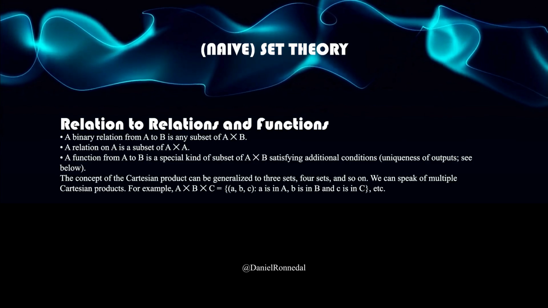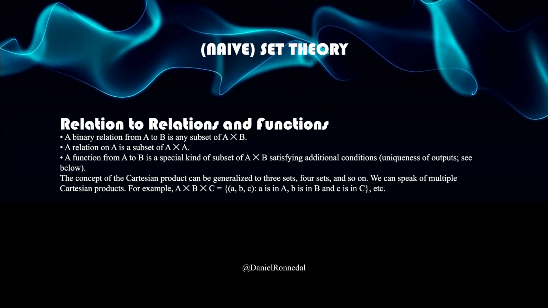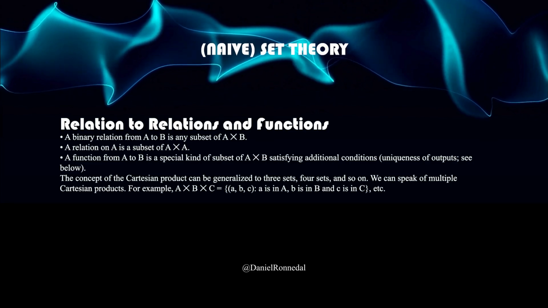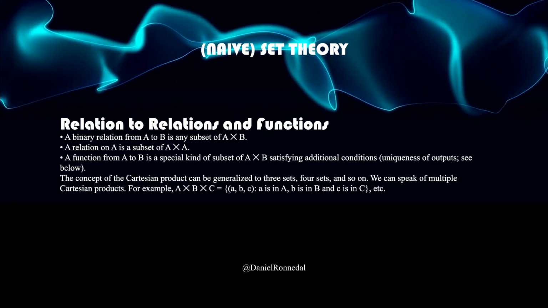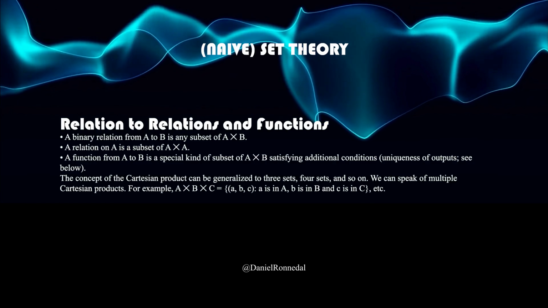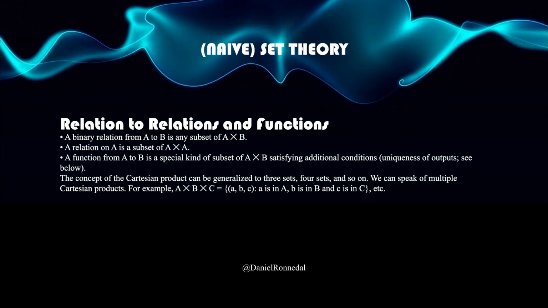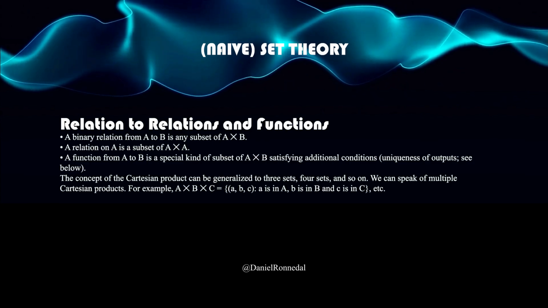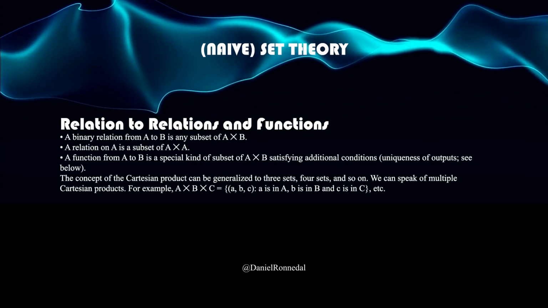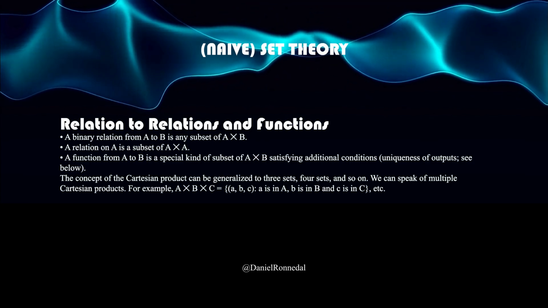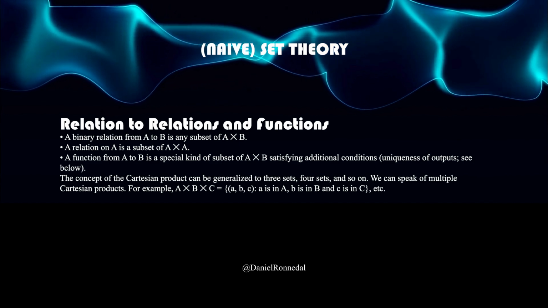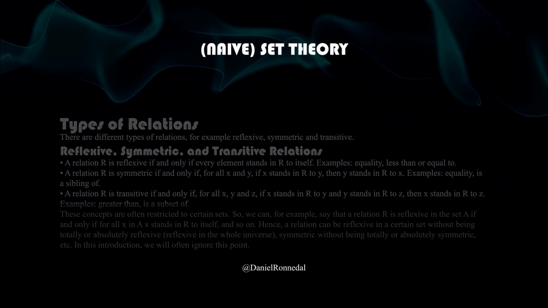The concept of the Cartesian product can be generalized to 3 sets, 4 sets, and so on. We can speak of multiple Cartesian products. For example, A × B × C is the set of all ordered triples (a, b, c) such that a is in A, b is in B, and c is in C, etc.